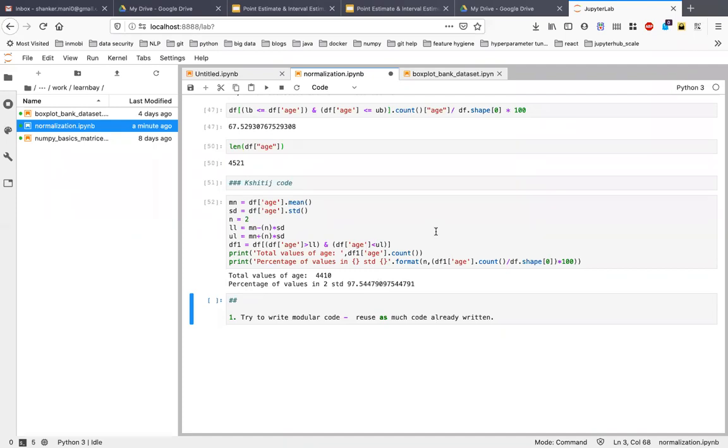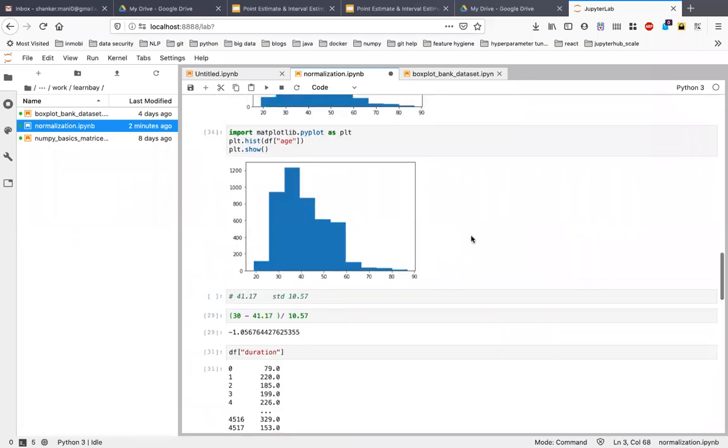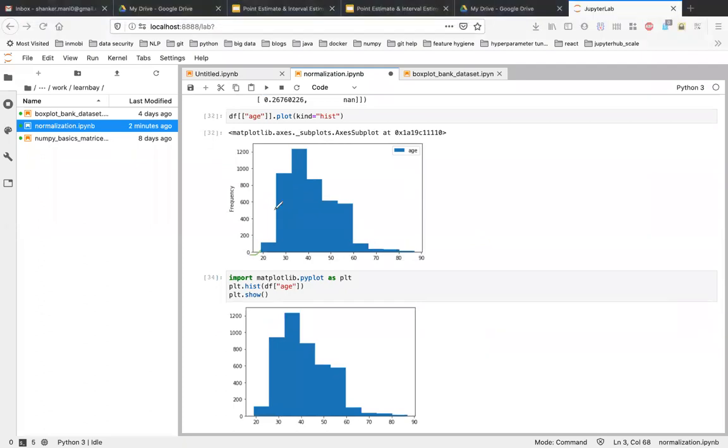My point of this exercise was to show you guys that the normal assumptions we are making, even though this doesn't look like a very smooth normal distribution, still I can approximately come up with values like 68 or 69, and 95% within 2 standard deviations, and 97, I think, or 98.